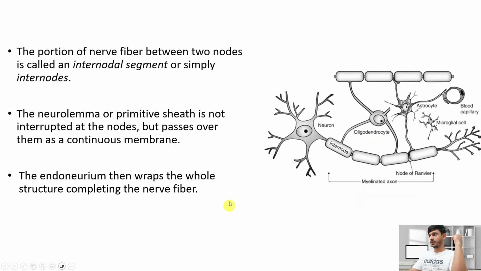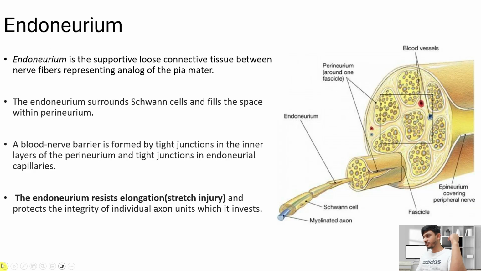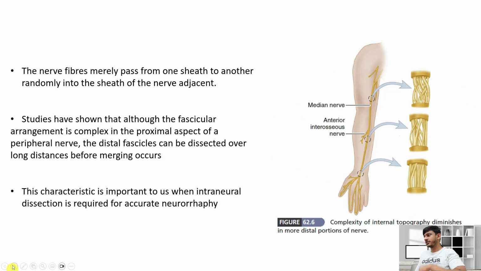So how it actually looks is like this. You can see one axon from here will go to this fascicle, one axon from here might cross over to this fascicle, and that's what I mean by plexiform arrangement. But as you can see distally, the plexiform arrangement is less and the nerve fibers are more like cables.